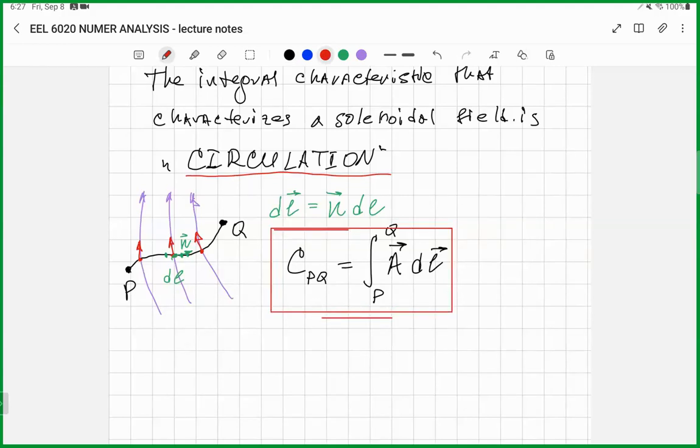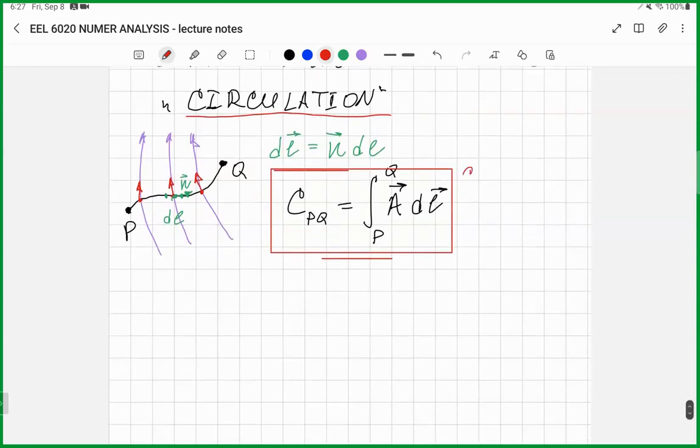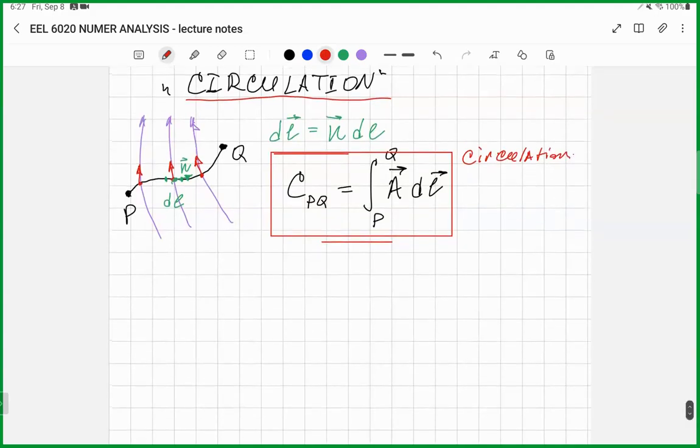Okay. So this is circulation, our circulation integral.